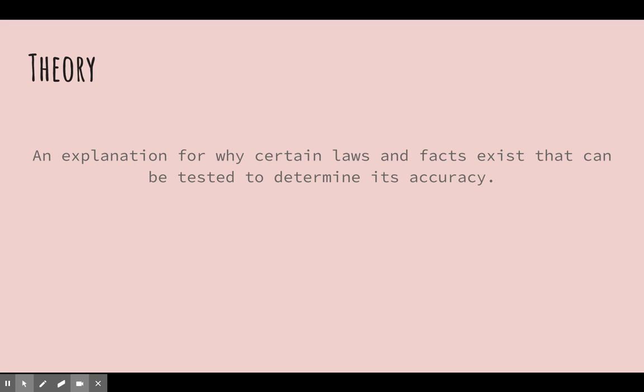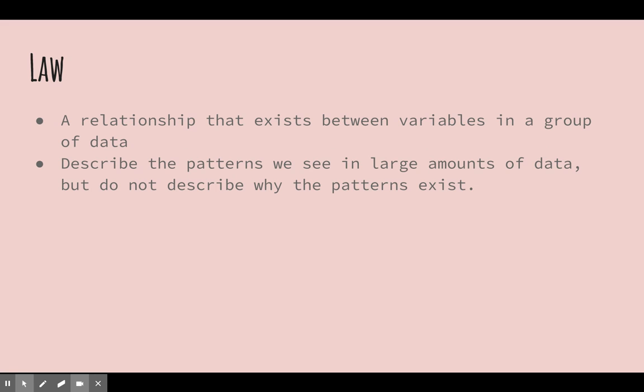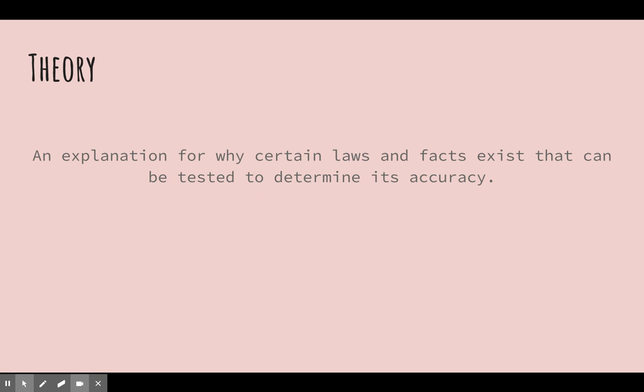A theory, however, is an explanation for why certain laws and facts exist that can be tested to determine its accuracy. So before we said that a law describes the patterns you see, but not why the patterns exist. Well, the theory explains why the pattern exists.